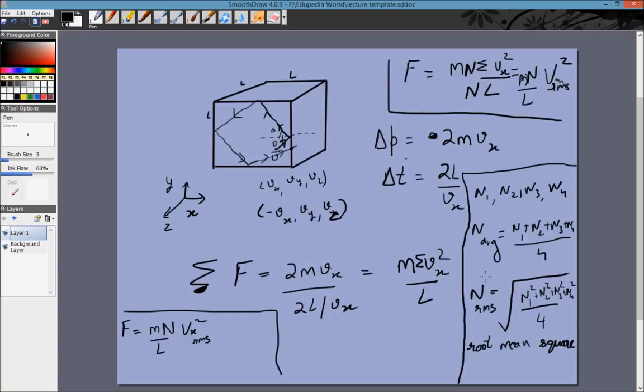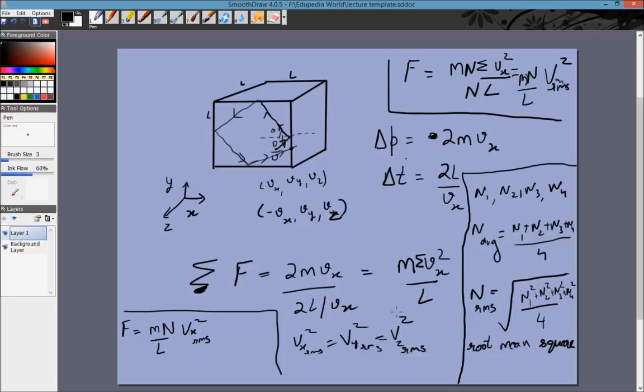Remember, V RMS squared will be the sum of these divided by 4, right? This is root mean squared. So Vx RMS squared will be equal to Vy RMS squared, which will be equal to Vz RMS squared, because of our first assumption in kinetic theory that all molecules move randomly in all directions.